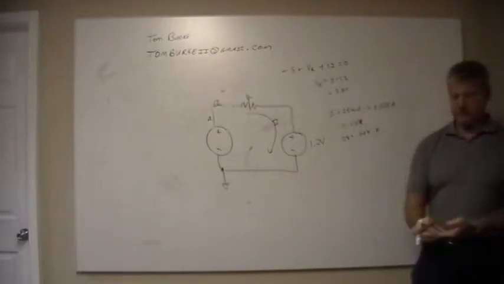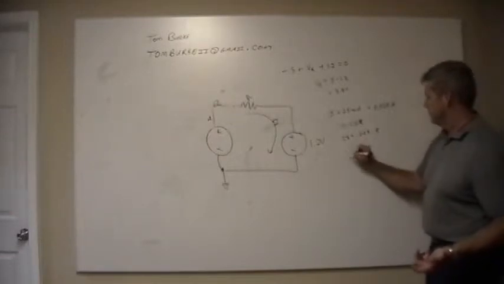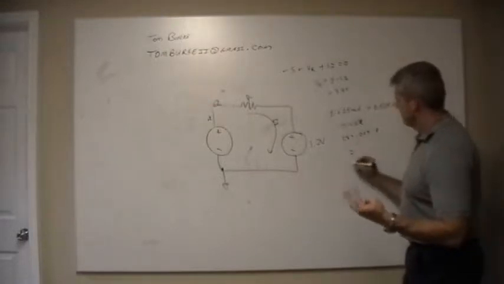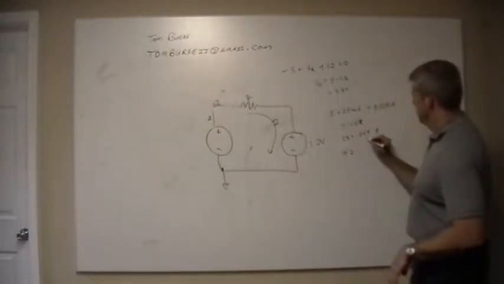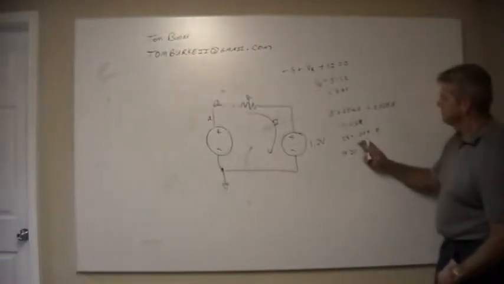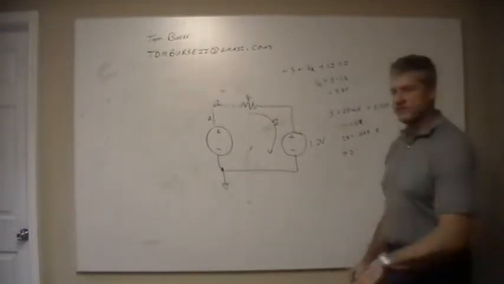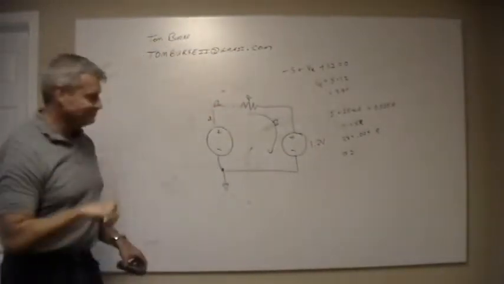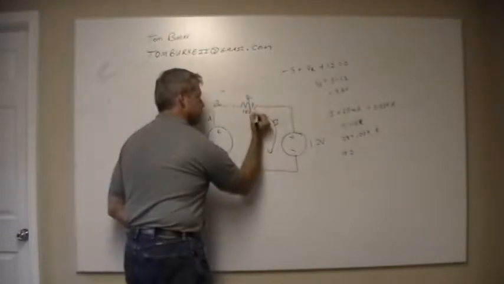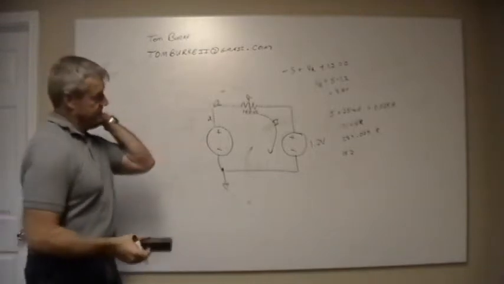If somebody's got a phone and can do that for me, that'd be great. 8 times 4 is 32, carry 3, 12, 13, 14, 15. 152. Would that be 1.5 k ohms? No, maybe it would be 150. It would be 152 ohms. Yeah, because that moves forward. So for this all to hold, that means this R is 152 ohms. There's reasons why you do this, and we'll get to those eventually.